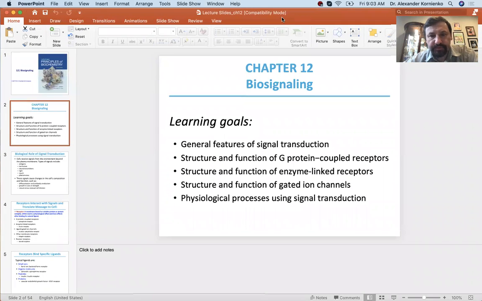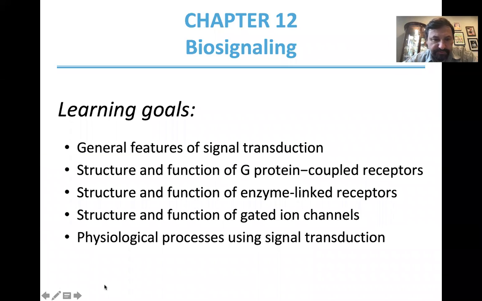So what are we going to learn? So we're going to talk about general features of signal transduction. Specifically, how a signal is transmitted using ligands and receptors.